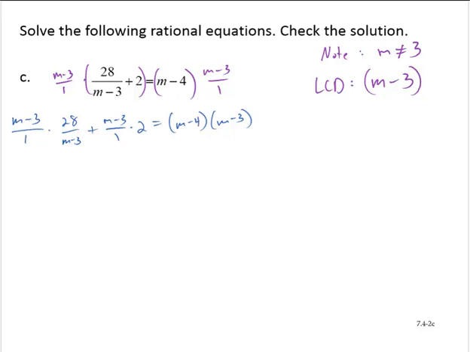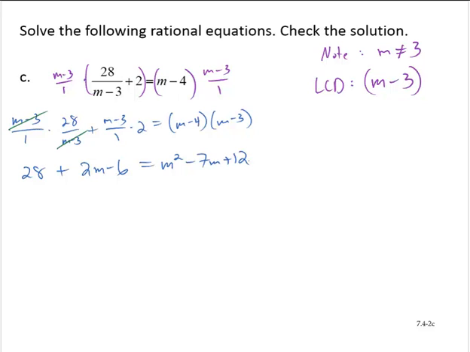Left-hand side, first term, the factors of m minus 3 reduce out, leaving 28, plus, nothing reduces in the second term, so 2 times m minus 3 is 2m minus 6. Right-hand side, I'll apply the FOIL concept to get m squared minus 7m plus 12.